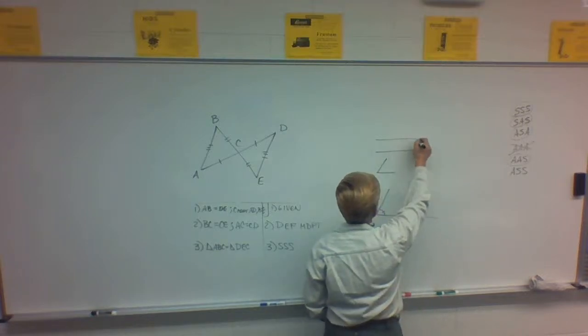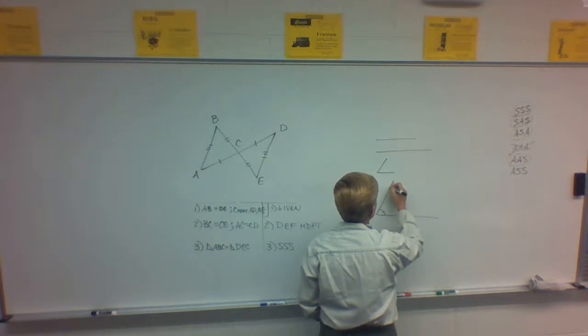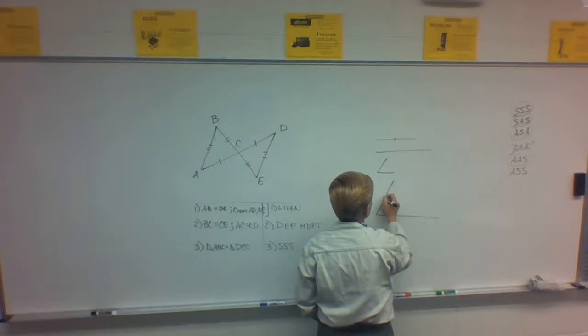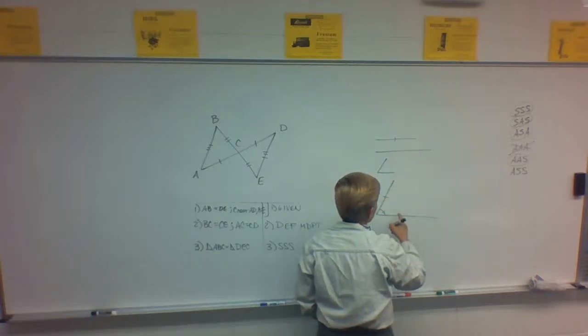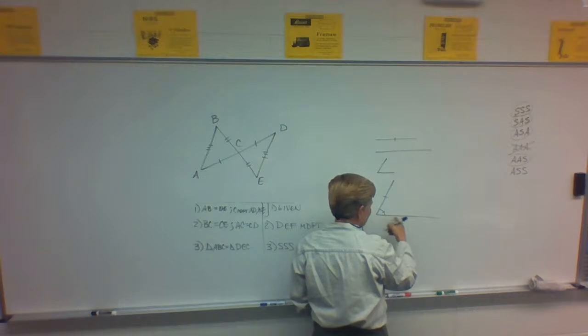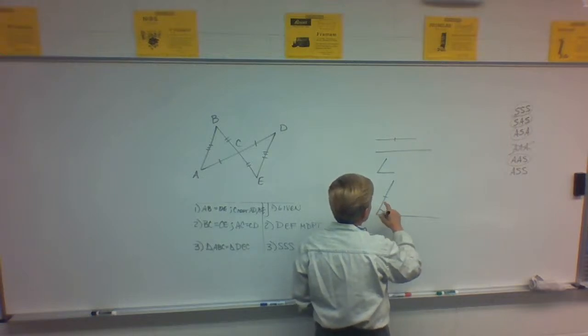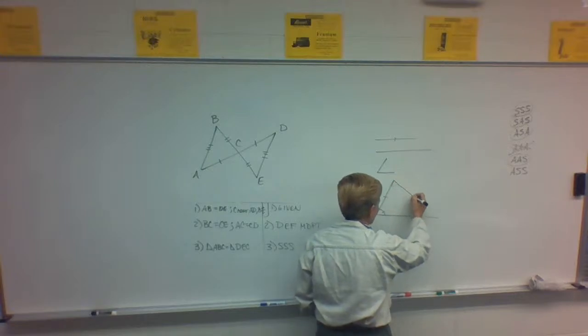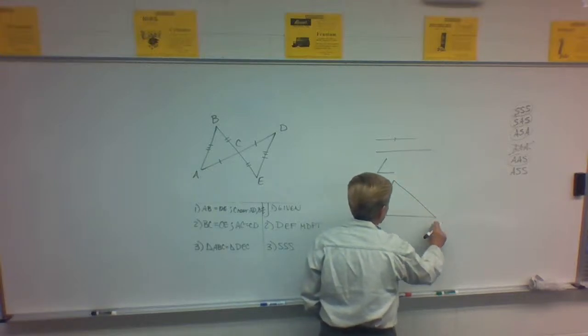Let's let this one be this one. This one right here. I'm going to make it be this one. I can't make this one be this one because then I would have side, angle, side, which we've already agreed is good. So if it's going to be angle, side, side, then this one right here has got to come down here. Like that.